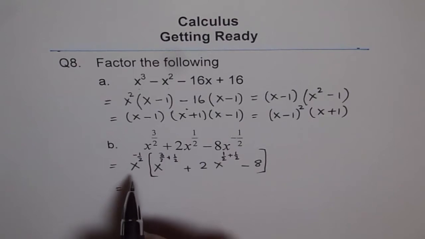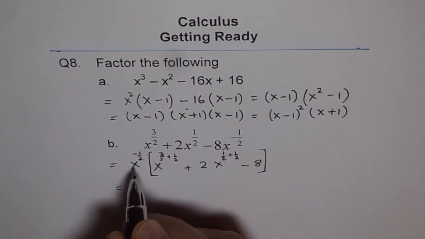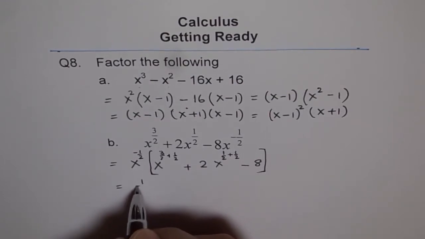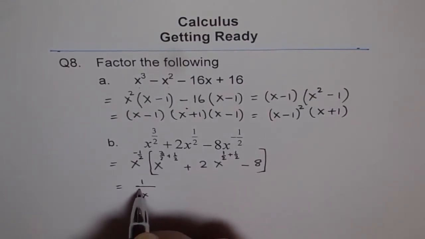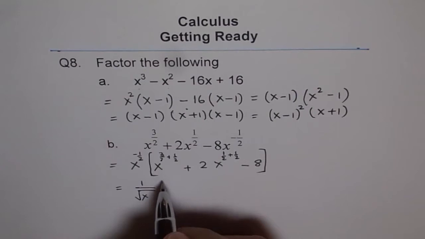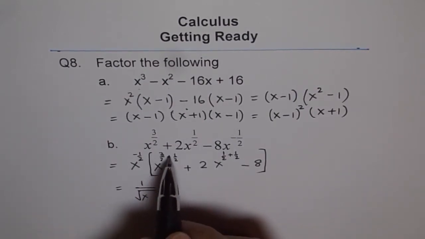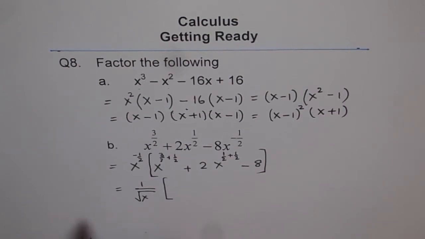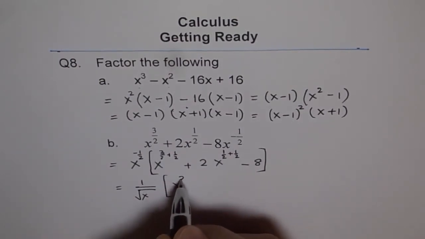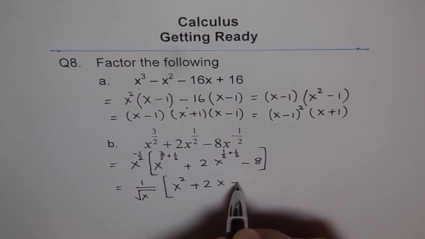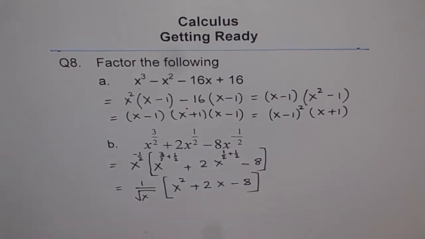So this expression gives us x to the power of minus half, which I can write as 1 over square root x. Let me write this just to show you, it could be written like this, right? And this is what? 3 plus 1 is 4, 4 divided by 2 is 2. So we get x squared here, plus 2 times x, right? Minus 8. So we have factored this, right?